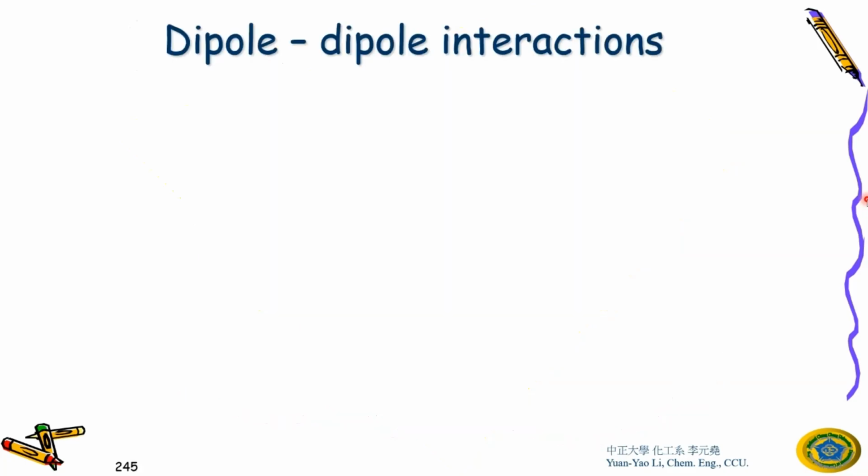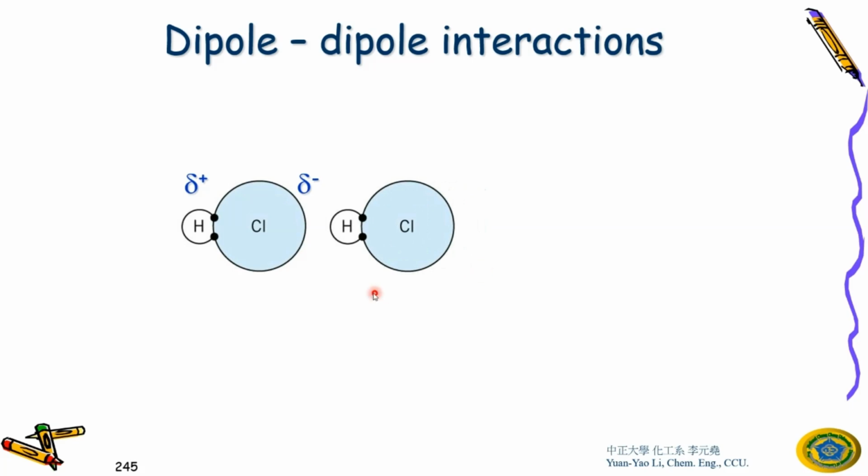This is easy. Let's take the example of hydrogen chloride. You have one hydrogen chloride, and this is the dipole molecule. We understand you have the positive end in the hydrogen atom and the negative end in the chlorine atom. Then assume you have another hydrogen chloride close enough to the first one, with a positive end and a negative end.